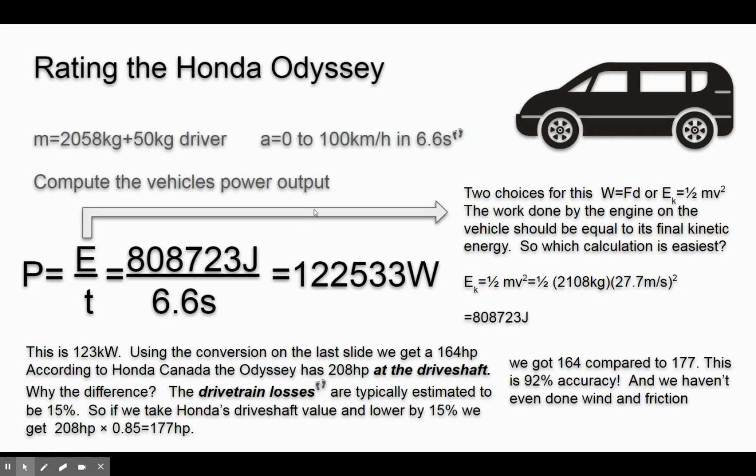So a simple high school calculation, and knowing that we just have to look up what kind of drivetrain losses are, we get within 92% of an actual real world measurement on the vehicle.